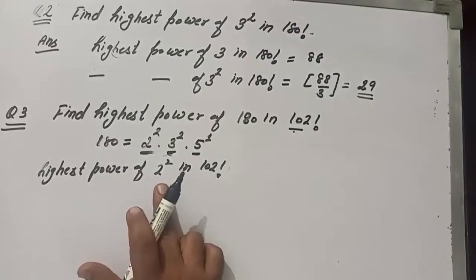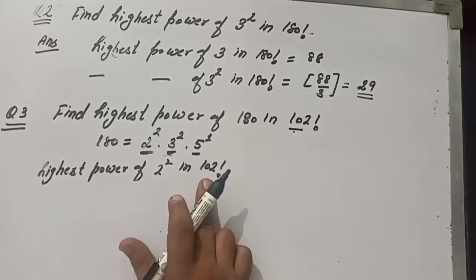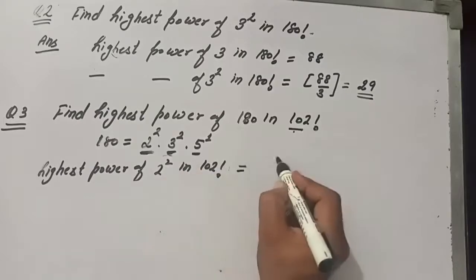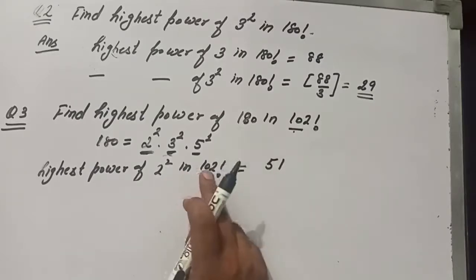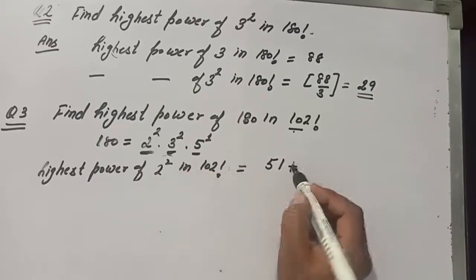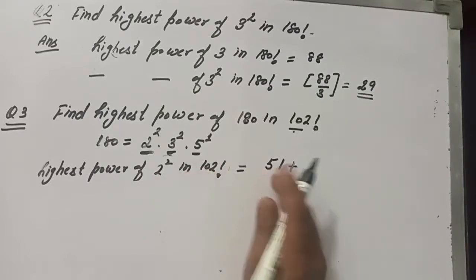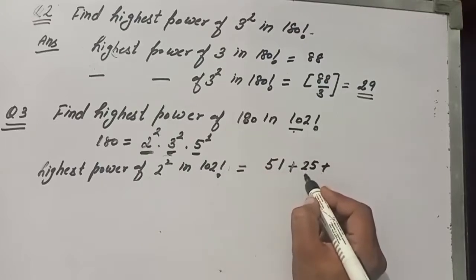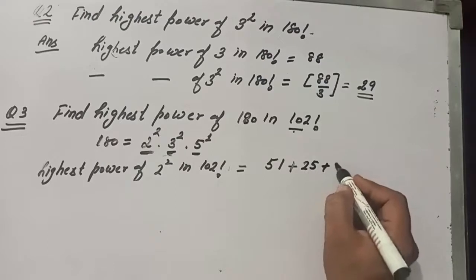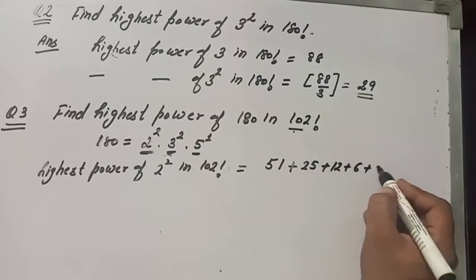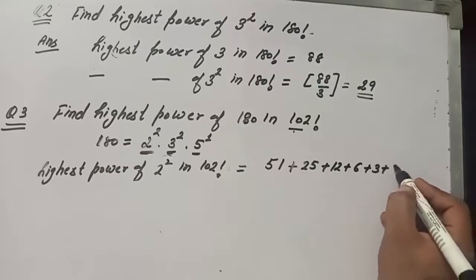First we have to calculate the highest power of 2 in 102 factorial. For this, divide 102 by 2, take the quotient, which is 51. Divide 51 by 2, take the quotient 25. Divide 25 by 2, the quotient is 12. Again, divide 12 by 2, quotient is 6. 6 by 2, quotient is 3. 3 by 2, quotient is 1.